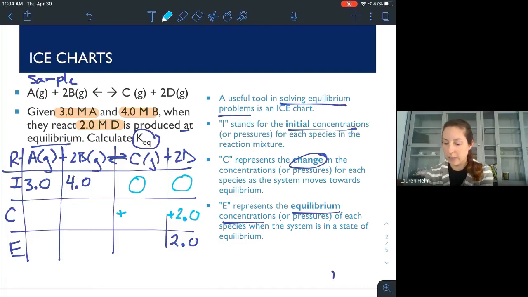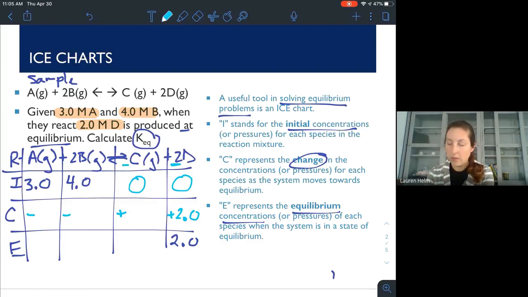If the products increased, that means our reactants decreased. Now let's start using what we know about D to figure out proportionally the rest. Notice there's a coefficient of 2 for the D, and there's a change of 2.